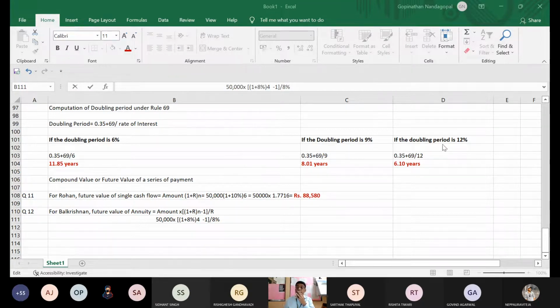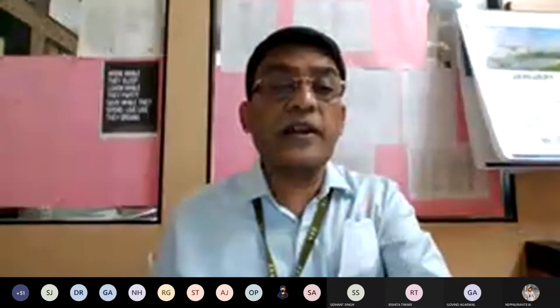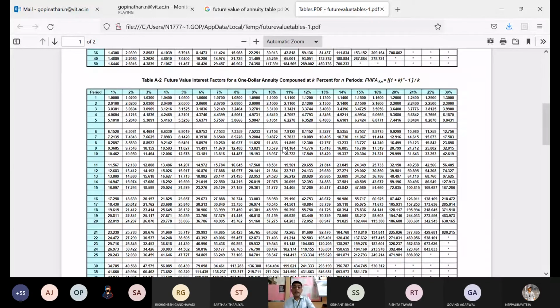You see this table, underneath, 4 years, 8%. How much do you get? 4.5061. That's what somebody told me, right? Are you clear or not?